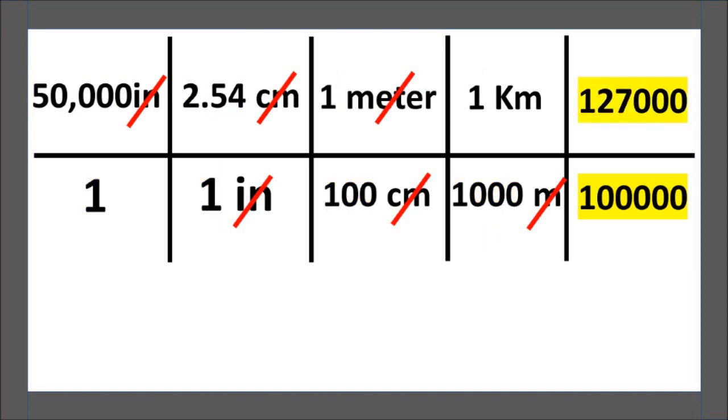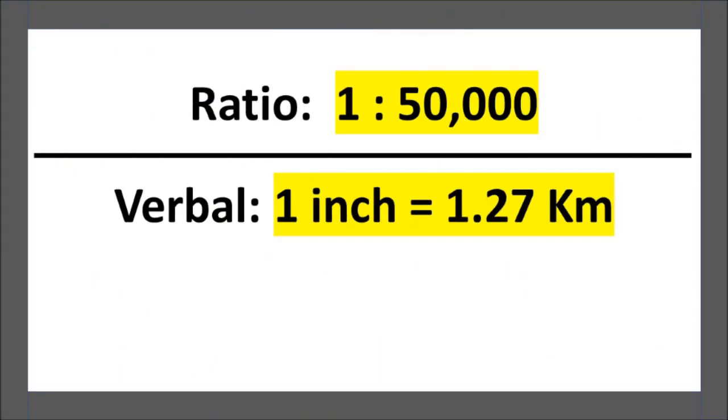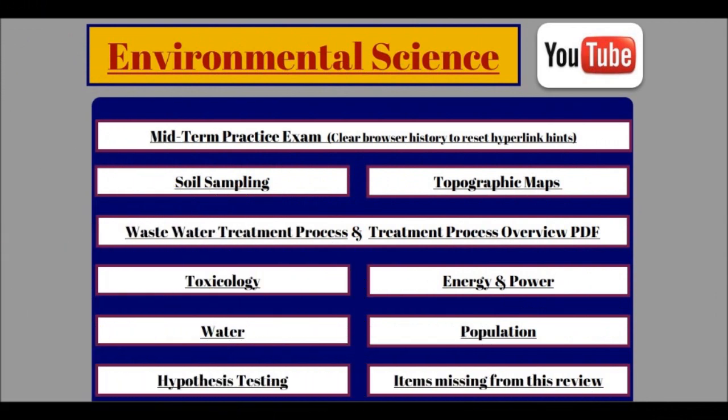Here we're going to go ahead and divide that to simplify it. And here's our answer. So if our ratio is 1 to 50,000, our verbal 1 inch equals 1.27 kilometers.